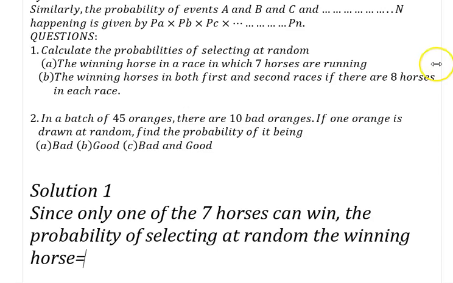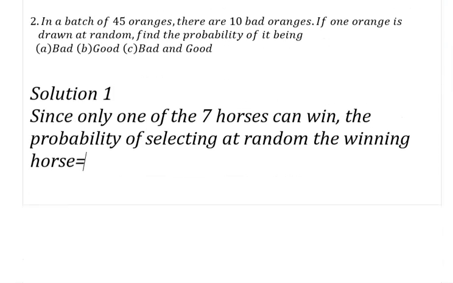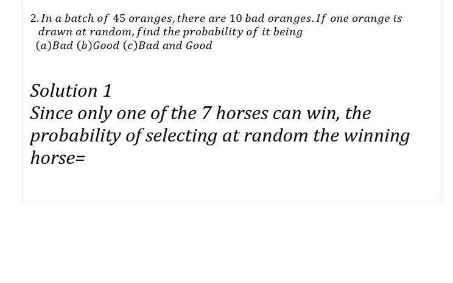will give us what? Now, since only one horse will win, it's just for us to say the number of winners, which is only one horse, over the total number of horses, because we are sure there is only one horse that will win. So let's get the template.